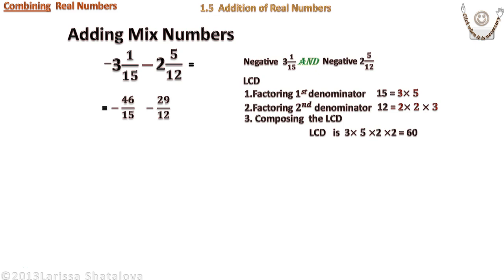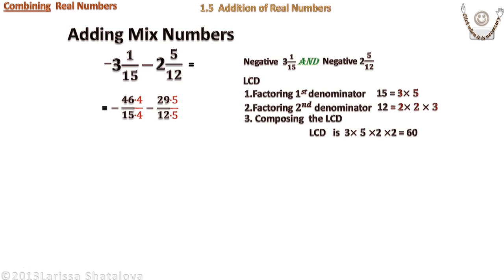As a result, we will have the least common denominator, 60. In order to get 60 as a denominator, we have to multiply the first fraction by 1, which is 4 over 4, and the second fraction by 1, which is 5 over 5. As a result, now we have a common denominator for both fractions, which is 60.